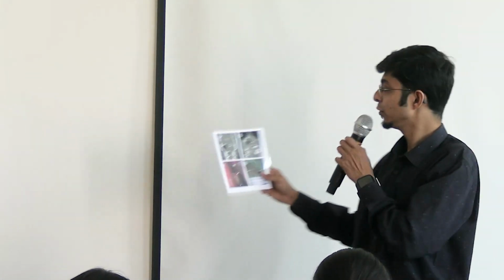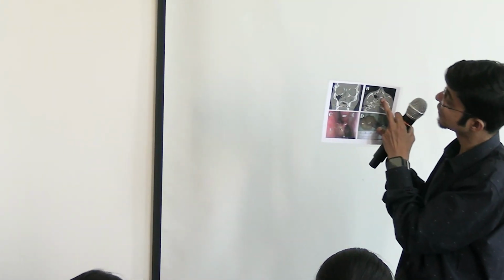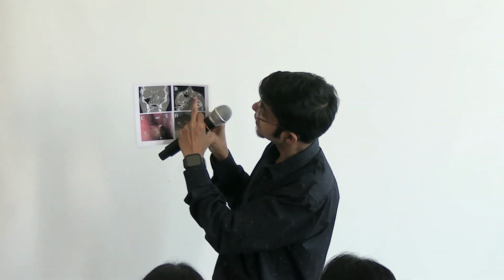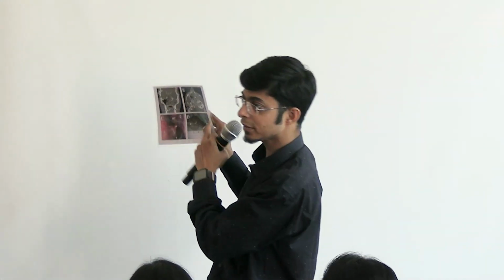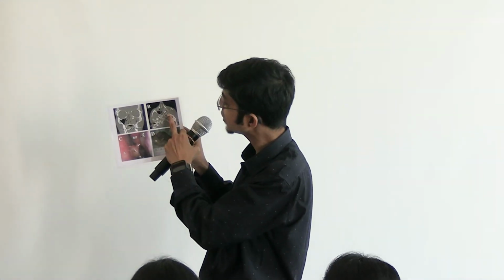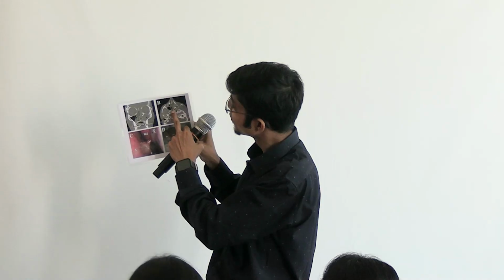See the scan, we have already given the scan. Look closely at this picture. These are the maxillary sinuses on both sides. You can see the nose and the maxillary sinuses. Look carefully.